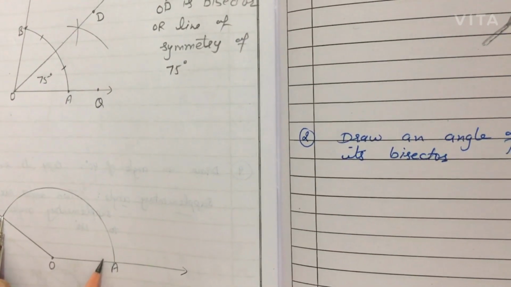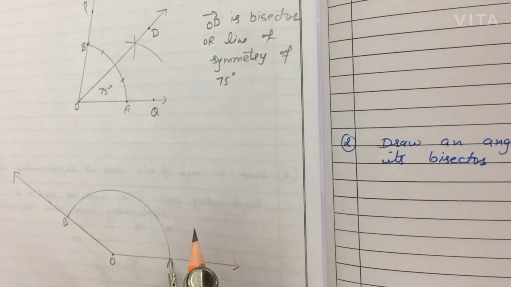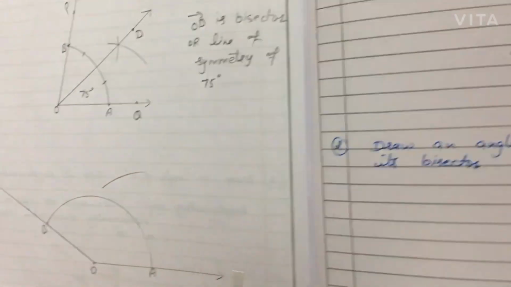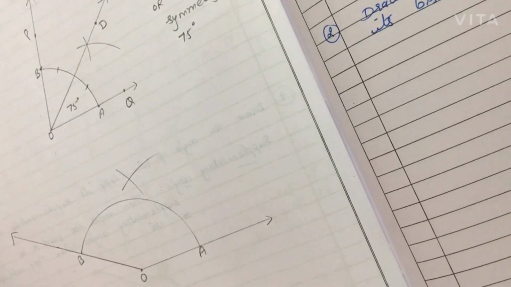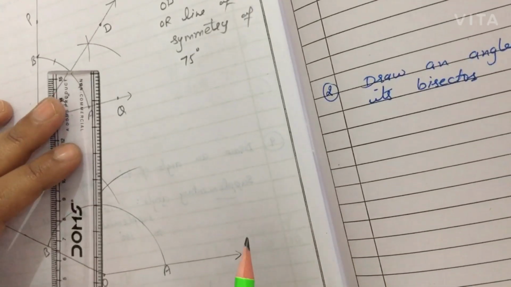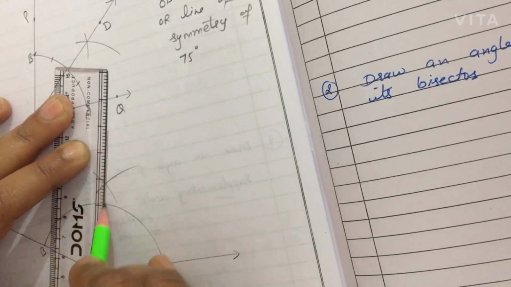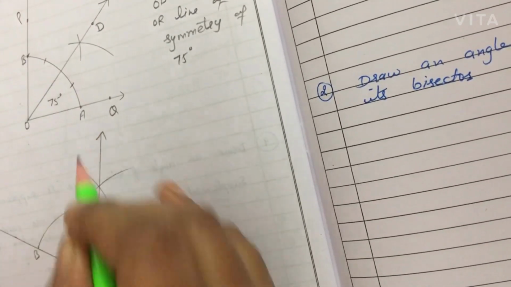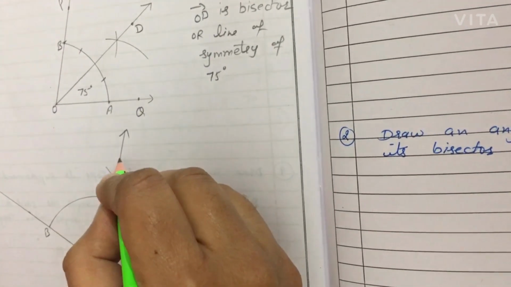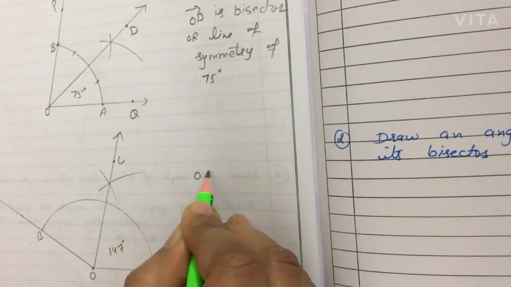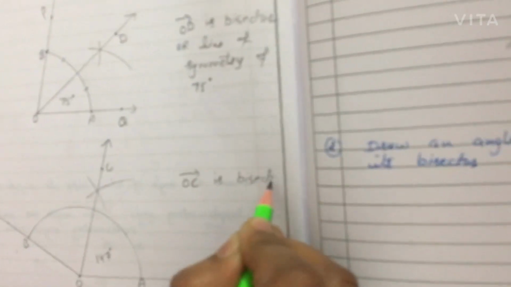So keep on A as well as on B to give this type of arc, and join this intersection point to the vertex. This would be the bisector of the given angle 147 degrees. Name it C.